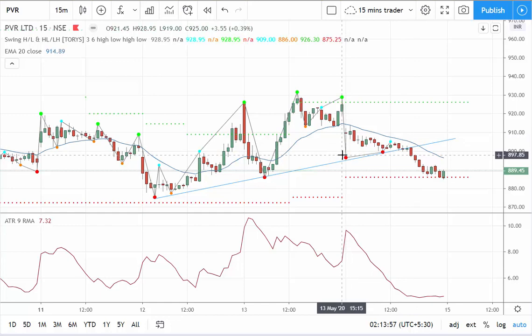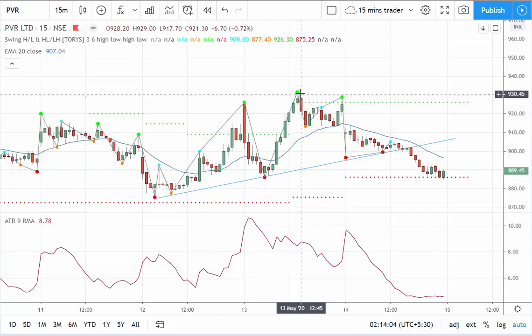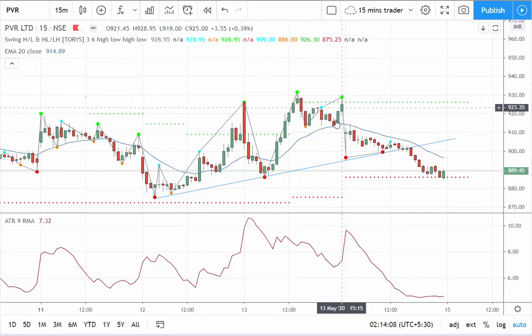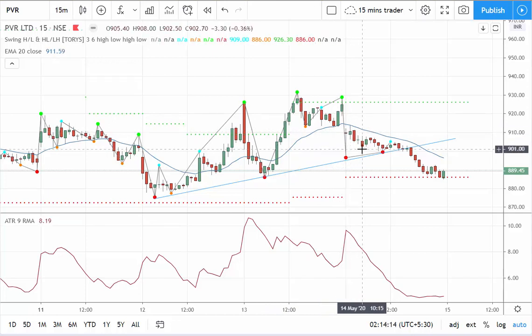So today as the market opens, you can see swing high consolidation. It has not gone to swing high. The consolidated point is broken. So it is this change in trend. So below 913 it is a sell with a stop loss of 928.